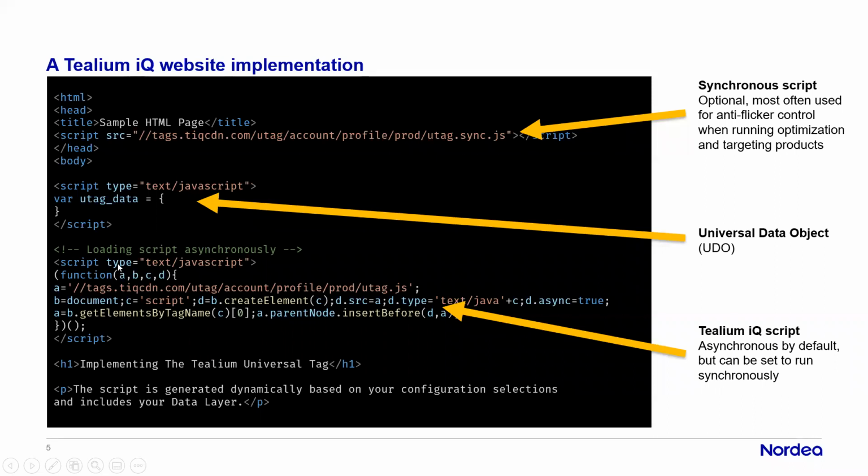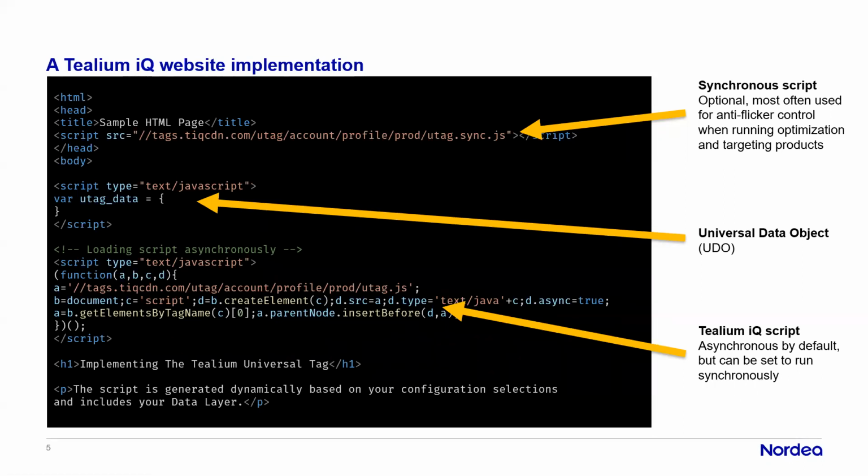This script inclusion, that is the normal inclusion of Tealium on a web page, as it's mentioned here, asynchronously. By default, Tealium runs asynchronously on your web pages, but you can, in different ways, get it to run synchronously.